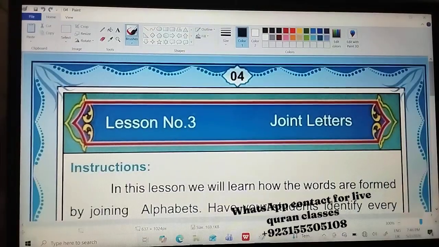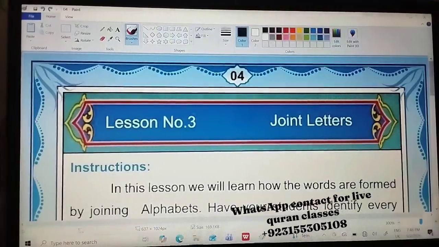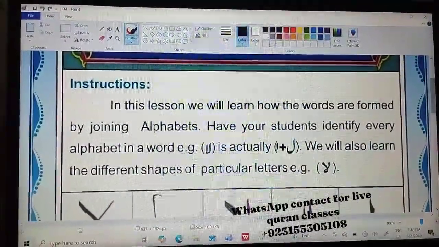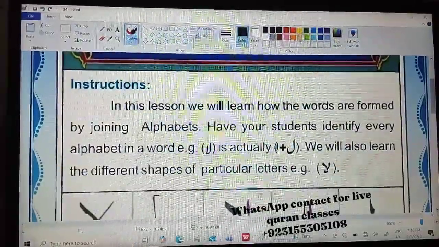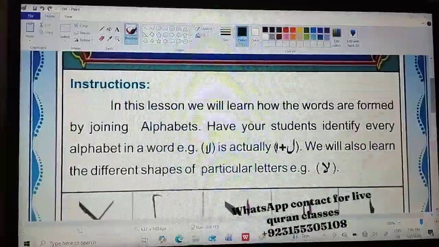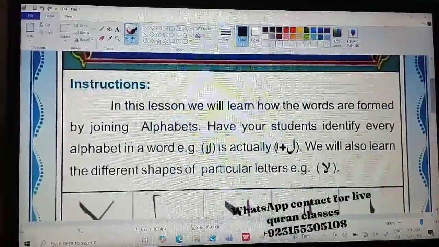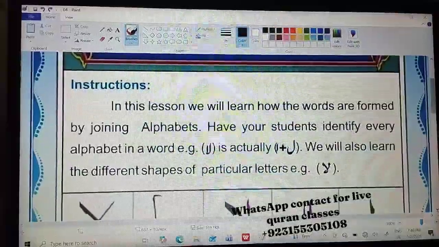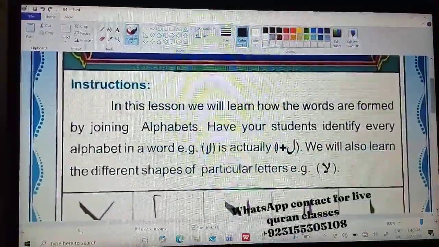So we understand and learn in this chapter how letters are joined together, what is the shape if two letters join together, what is the shape of the letters when three letters join together, and what is the shape of the word when four letters are joined together.